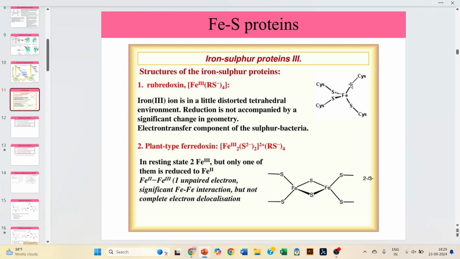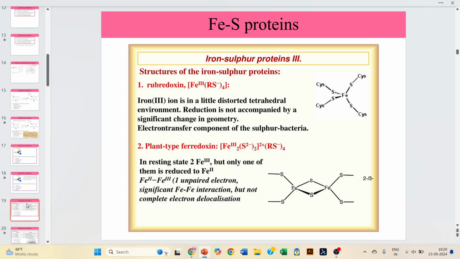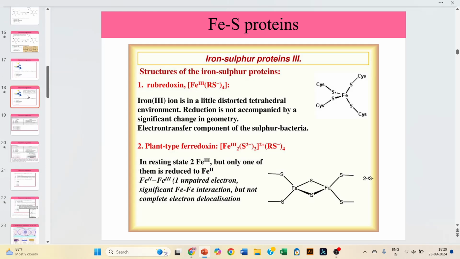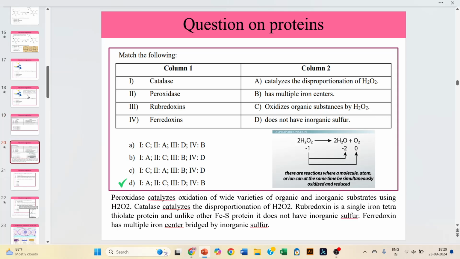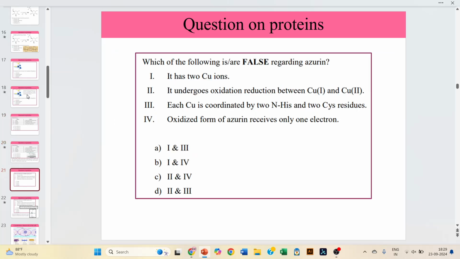But rubredoxin does not have inorganic sulfur. Why? Because this sulfur is donated by the cysteine residue, so this is definitely not inorganic. In all four cysteines, the sulfurs are getting donated. Therefore, your right answer would be D.